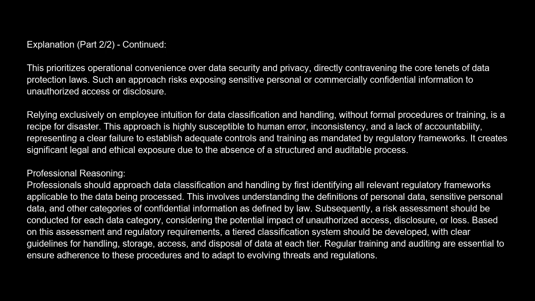Subsequently, a risk assessment should be conducted for each data category, considering the potential impact of unauthorized access, disclosure, or loss. Based on this assessment and regulatory requirements, a tiered classification system should be developed, with clear guidelines for handling, storage, access, and disposal of data at each tier. Regular training and auditing are essential to ensure adherence to these procedures and to adapt to evolving threats and regulations.